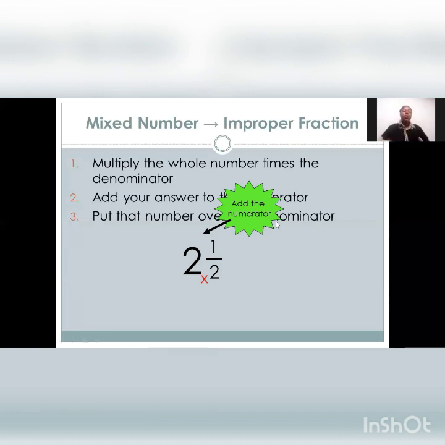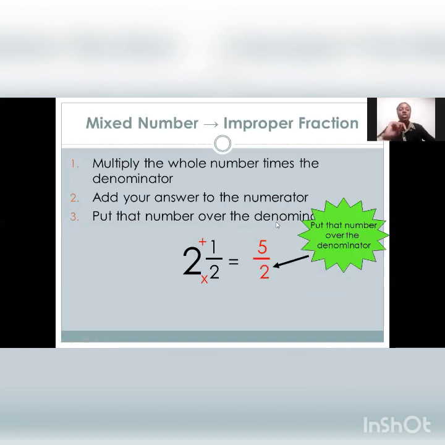We get 4. Now, what do we get when we add 4 to 1? Correct. We get 5. So we take the answer that we got from multiplying and adding, and we put that over the denominator. So our answer should be 5 over 2.